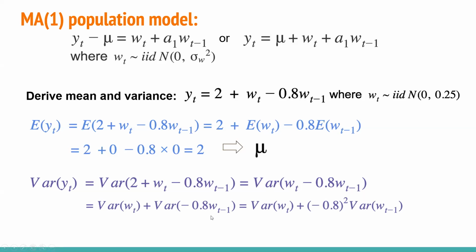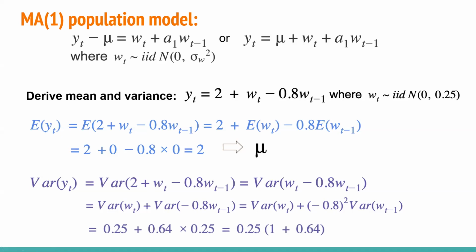Now, the next thing I'm going to do, I told you, if you have a value inside a parenthesis and that constant wants to come out, it is going to be squared. That's why you have it right here. Can you see that now? Now I can simplify that. What is the variance of WT? The variance of WT has been given here to be 0.25, so I'm going to plug in that.